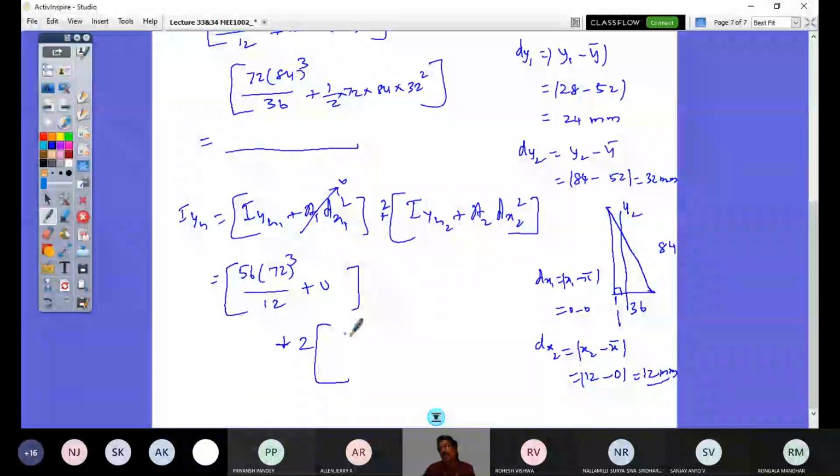The parallel dimension to the axis is this height, 84, into the width 36 cube by 36, plus the area, half into 36 into 84, and dx2 is 12, so 12 square. You can solve for this and find the value. I leave it to you to work out. So I get my IYG value. That's all. This is how you would solve all these problems.